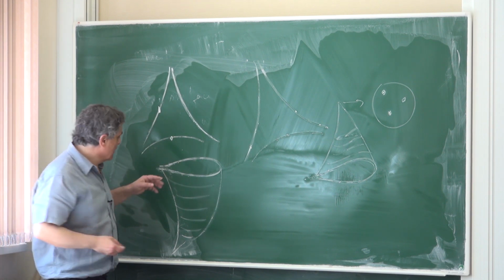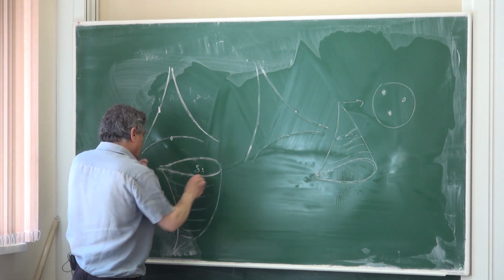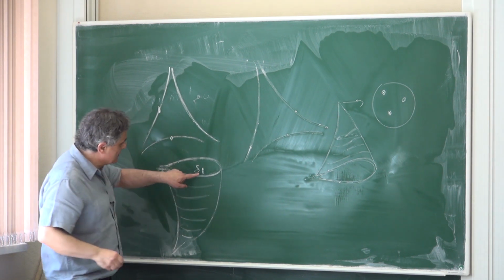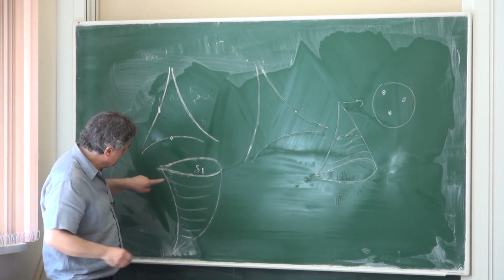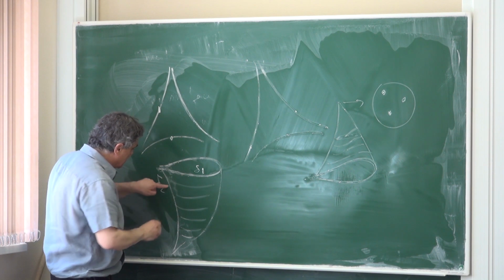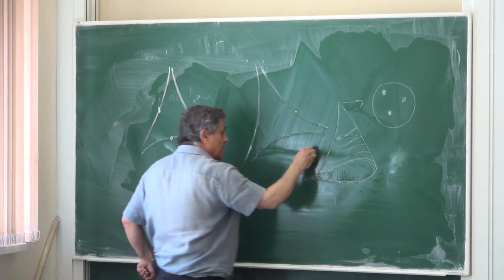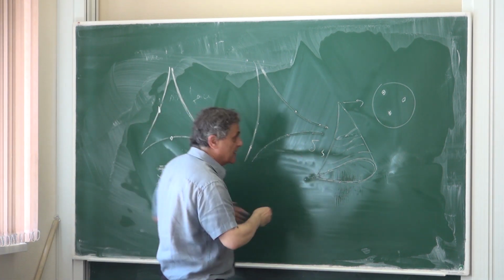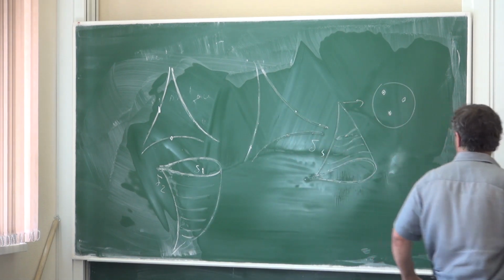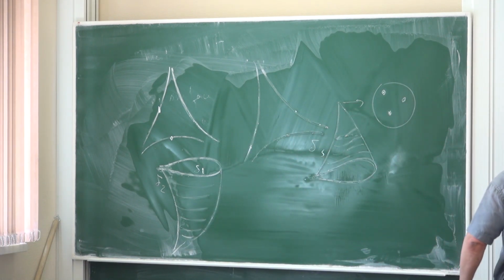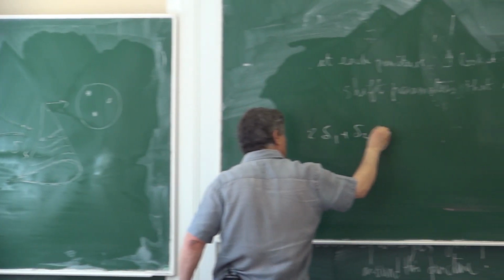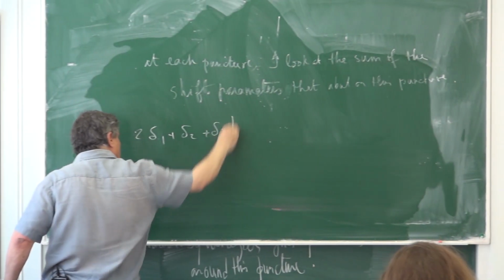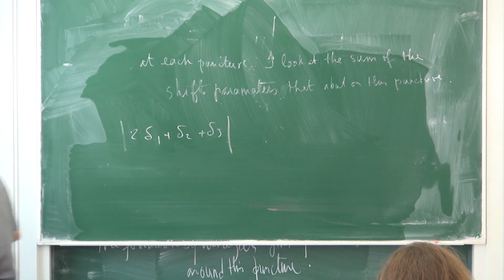So if delta 1 is the shift parameter associated to this side, delta 2 is associated to this side, and delta 3 to this side, then here I will have to look at 2 delta 1 plus delta 2 plus delta 3 in absolute value, because delta 1 is counted twice.